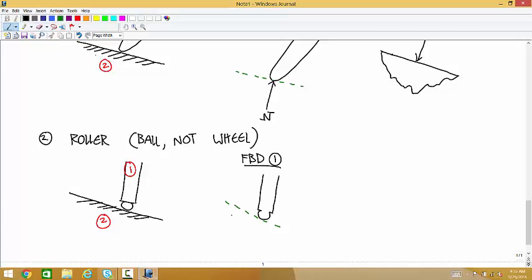The force is perpendicular to the surface of contact toward the chosen body. And then a free body diagram of the ground in that picture: that force is equal and opposite.